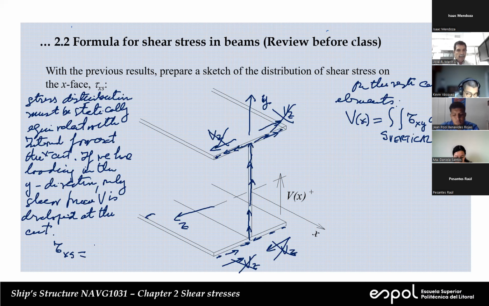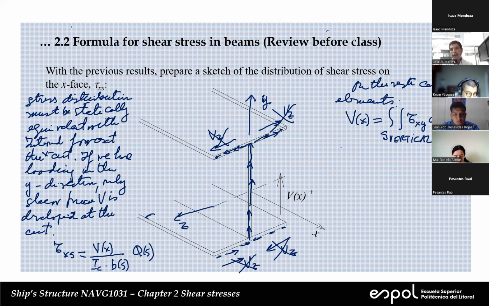So it's going to be V of X divided by the inertia times V of S and then Q of S, okay? And we have to remember that Q of S, we can express it as a product of the area of the sector times the vertical position of the centroid.